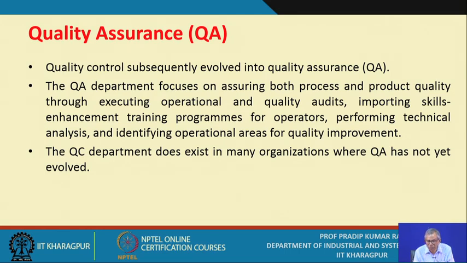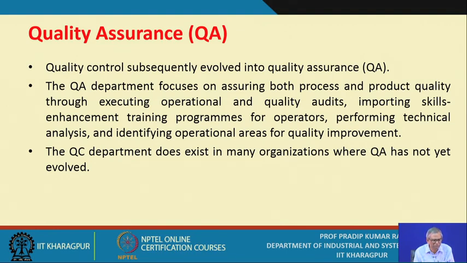So there have to be quality audits, skills enhancement training programs for operators, and technical analysis. This is the backup, along with identifying operational areas for quality improvement. Many well-known organizations are engaged in this sort of activity for quality improvement.